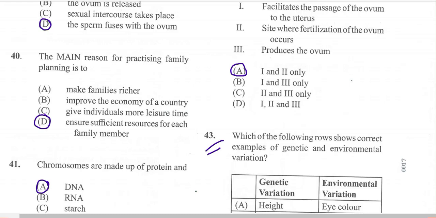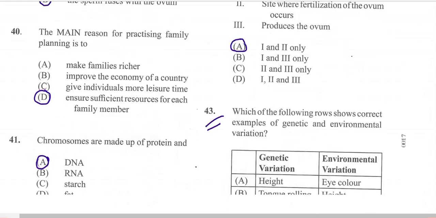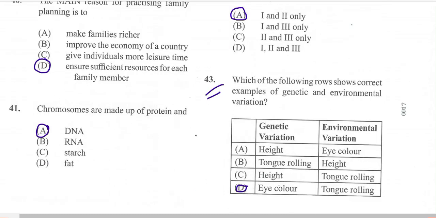43. Which of the following rows shows correct examples of genetic and environmental variation? Oh, this is going to be a tricky one, and if your views are different, I'll definitely entertain them in the chat. But let me just explain to you. Height can somewhat be an environmental variation.